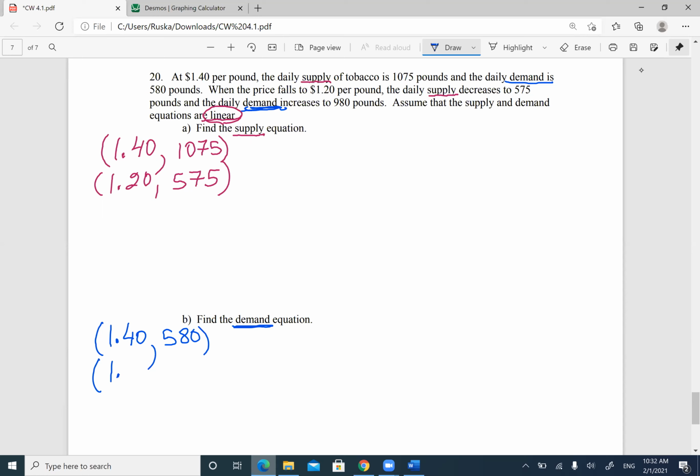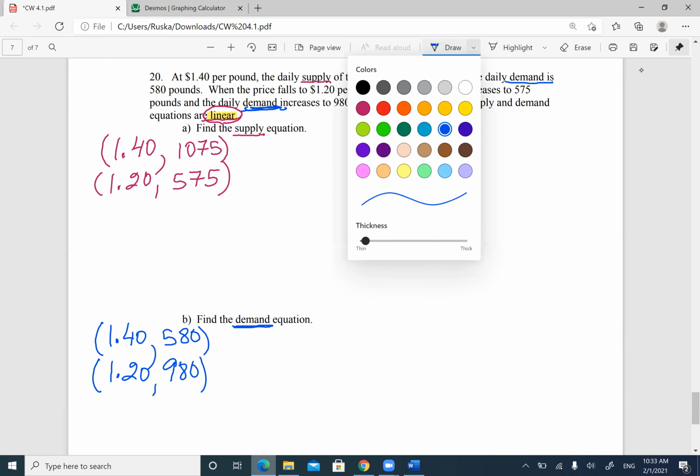And for $1.20, the demand was 980. So these are the 2 points. So from here, we're gonna find the equations. So first, let's do the first one.